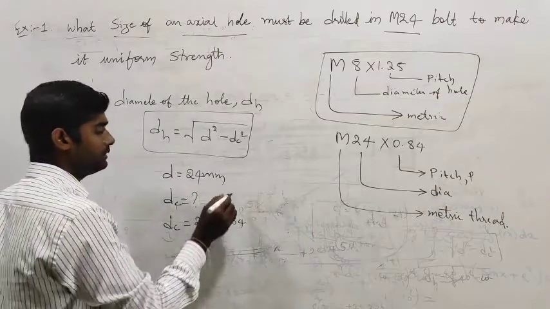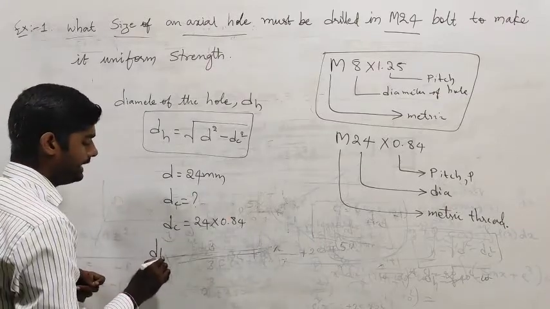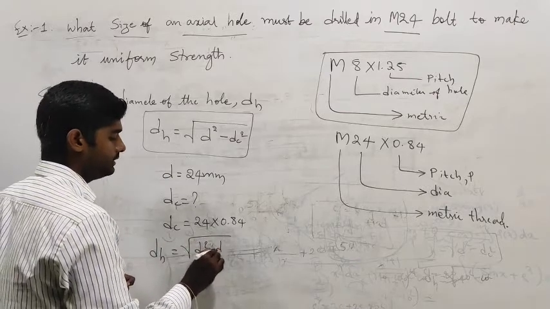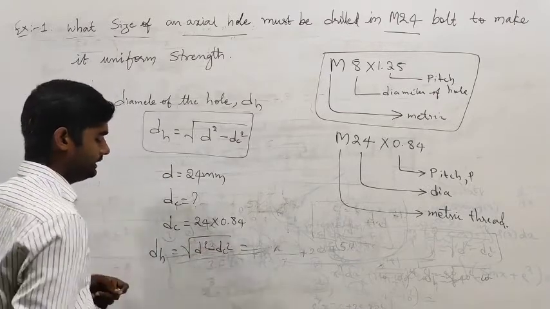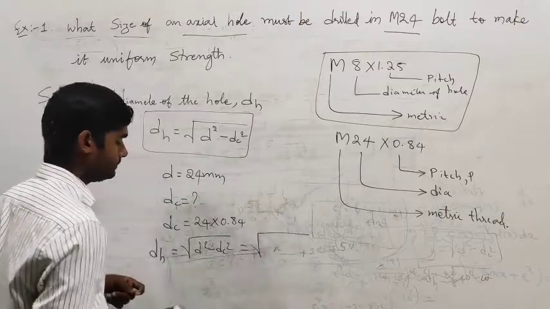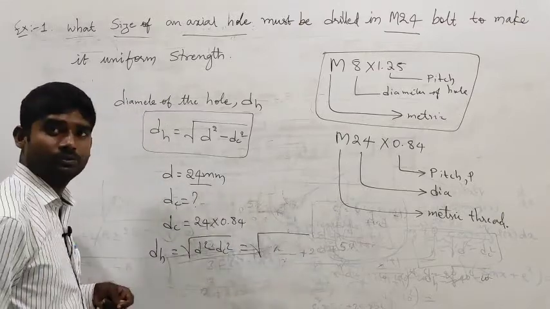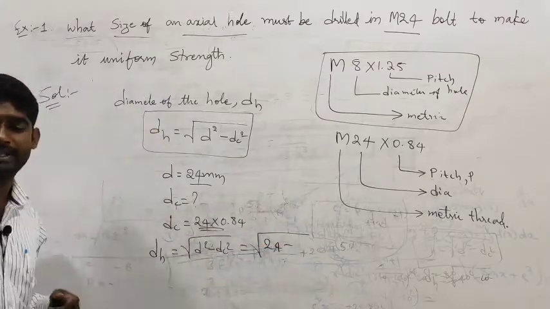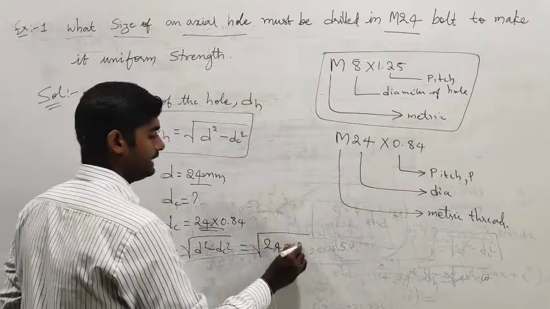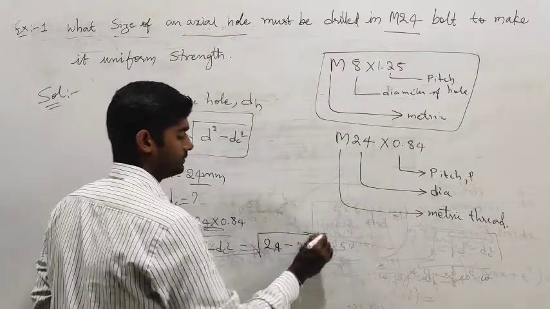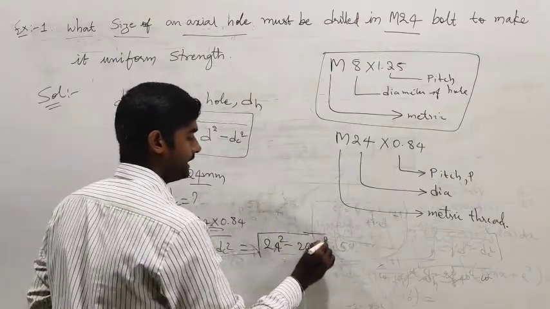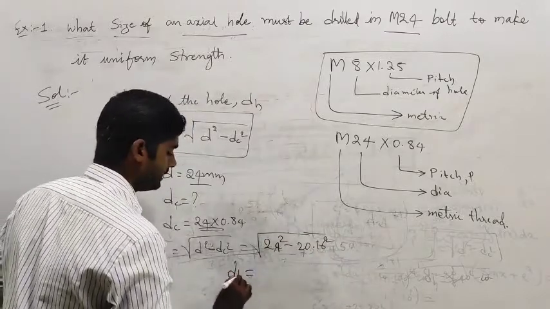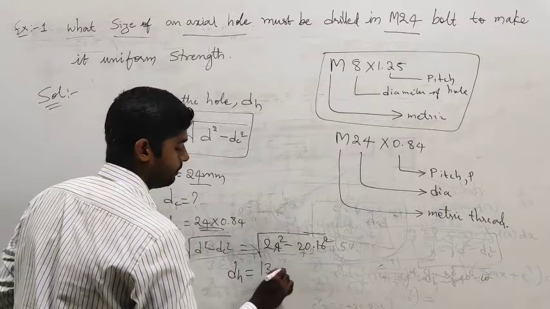Let's substitute these two values in the DH formula: under root 24 square minus 20.16 square. Our answer DH is equal to 13 mm approximately.